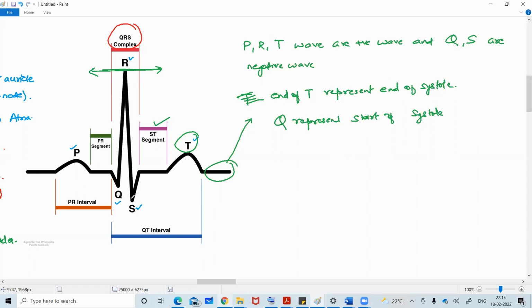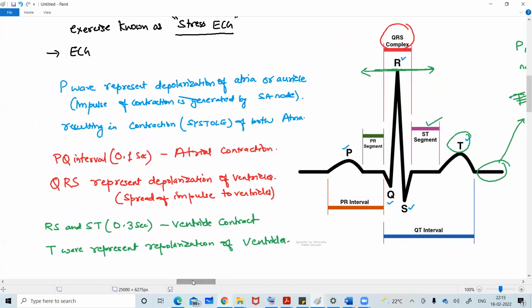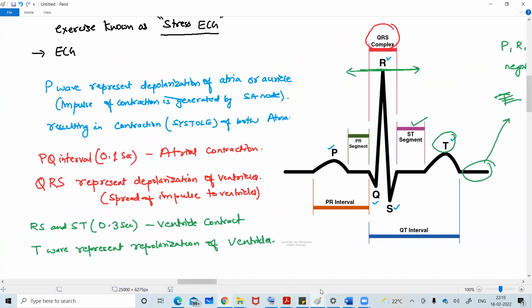And then it relaxes, and again comes back to normal, and the membrane gets depolarized again, and systole is done. So this is overall the graph and the meaning of what is happening in the ECG. You can see this. Right? Any question?